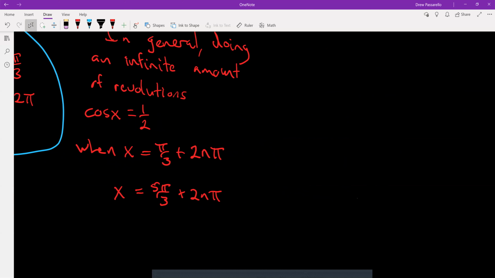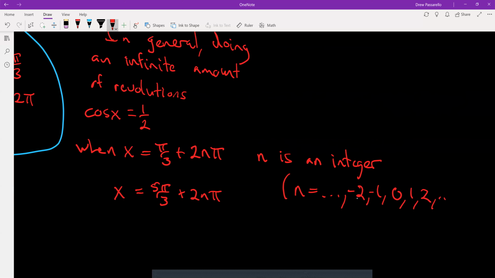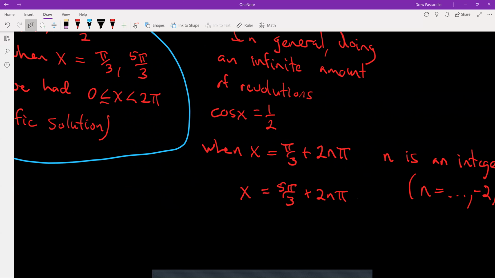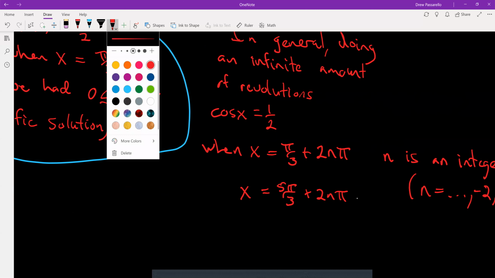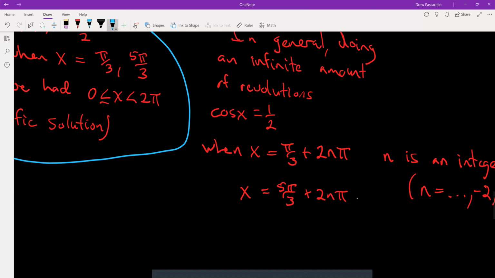So n can be like -2, -1, 0, 1, and 2. I'm just putting dot, dot, dot, because it goes on further to the left. All right, that's the general solution.